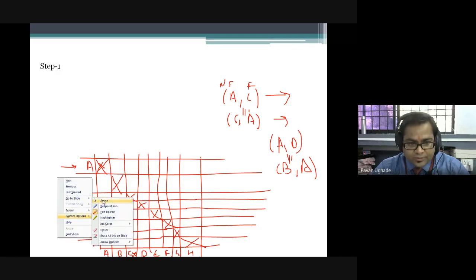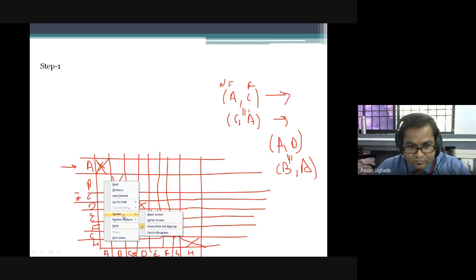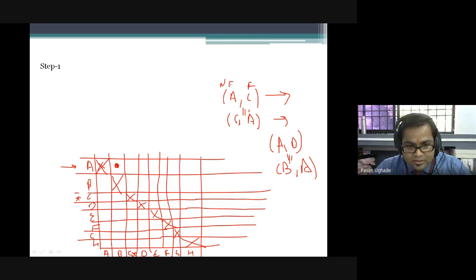See here, I am checking BA, and here I'm checking AB. This is BA and this is AB. Whether they are the same, right? So I will not read this because I'm processing this.